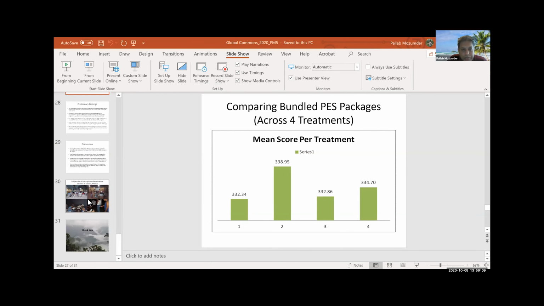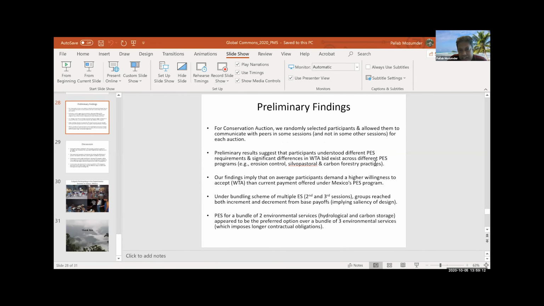Anyway, some of the preliminary findings: for conservation auctions, there is potential to apply these things in Mexico and elsewhere, and we try to extend it to different programs that exist in different parts of the world, but not as an auction mechanism. So the auction mechanism may work well in this developing country context.